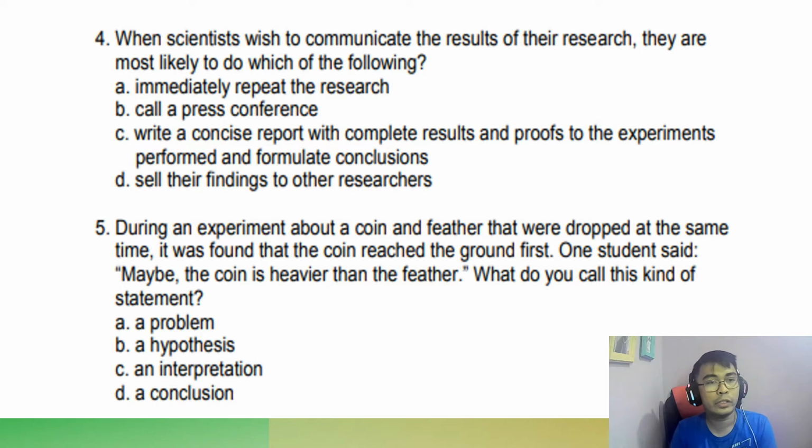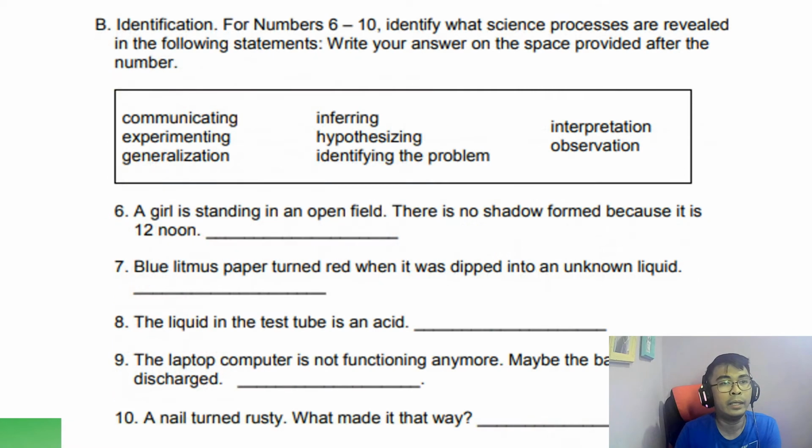We also have questions number 4 and number 5, as you can see in your module. For part B, you need to answer this test. It's an identification test. For number 6 to 10, identify what science processes are revealed in the following statements.